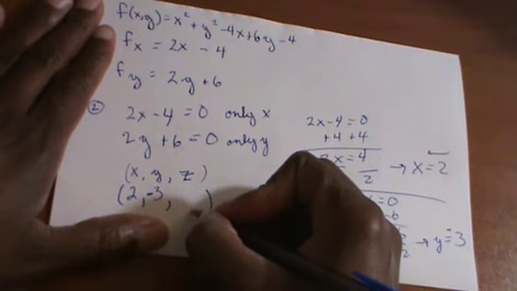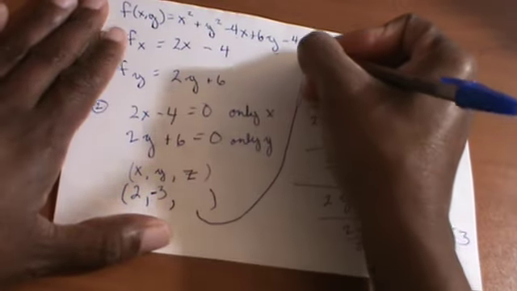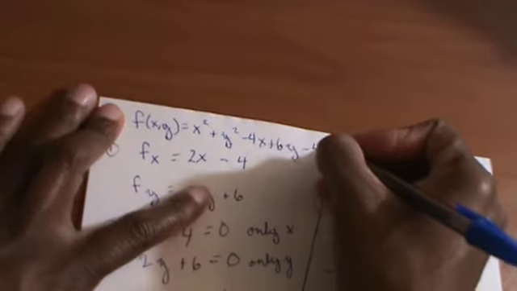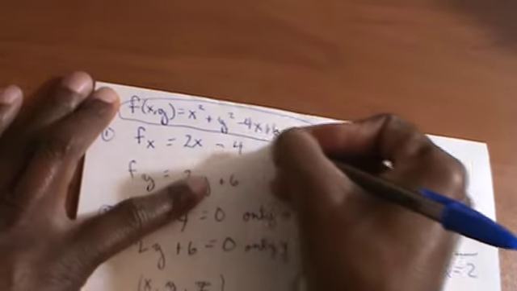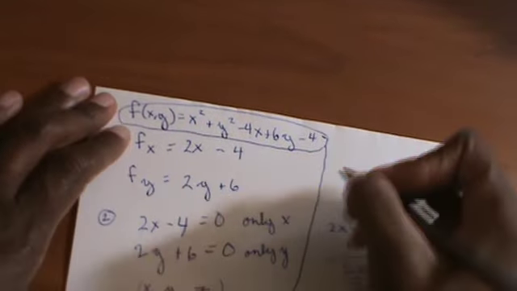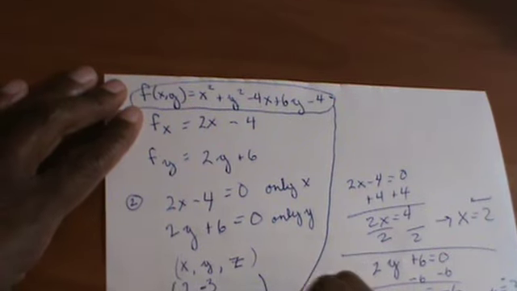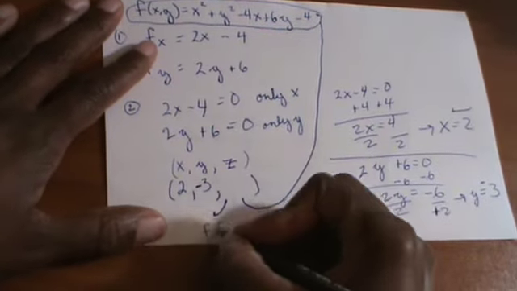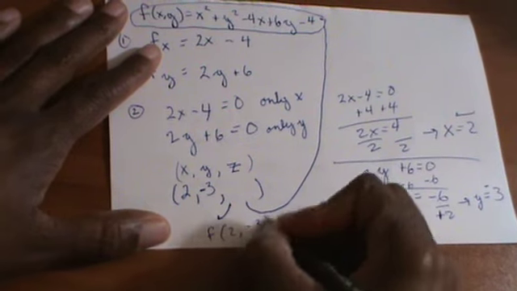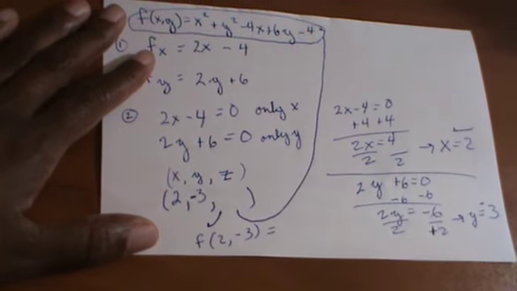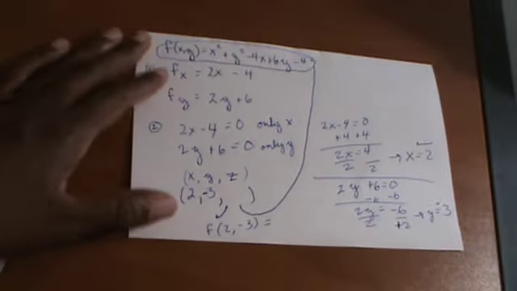So the z part. If you have both of your x and your y, you can finally go all the way back up to your original function. You just plug it in there, right? So this last coordinate is f of 2, negative 3, which says, hold on, let me see if I can zoom out so that you can see it.